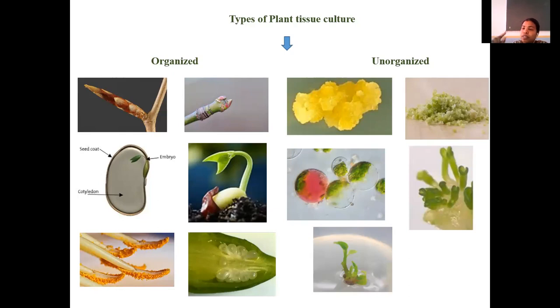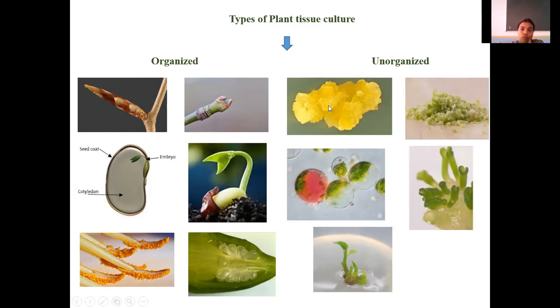If I keep one piece of stem from a rose plant, after the incubation time, the cut edges come in contact with the media and produce a tumor-like mass of cells. It is not always possible to get this; it depends on the genetic makeup of the plant and the composition of auxin and cytokinin, the growth regulators added in the medium. So this is the callus.